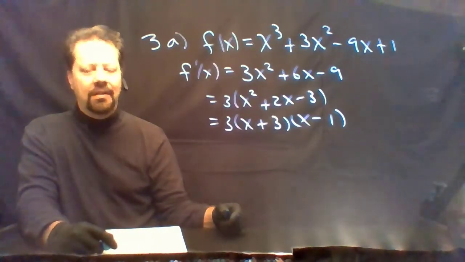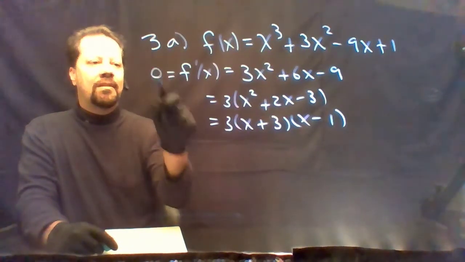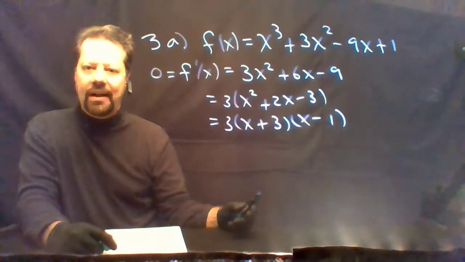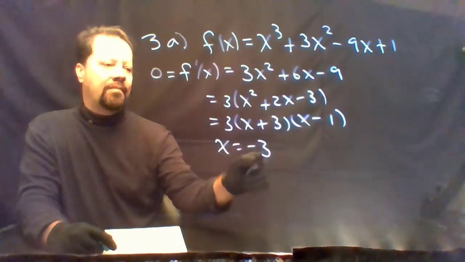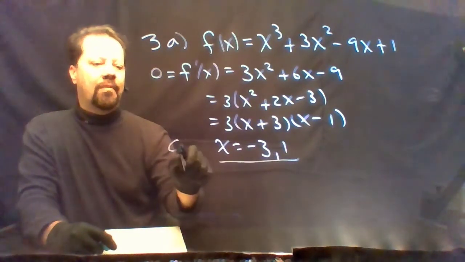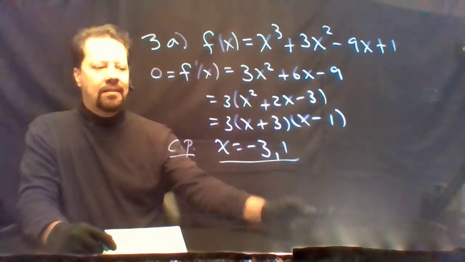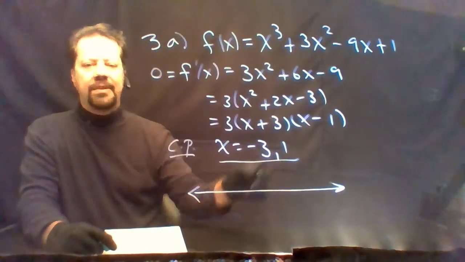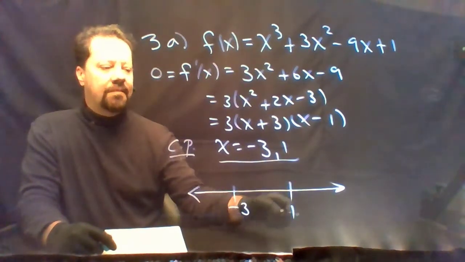Make sure that you can factor the quadratic, or at least, since we're solving for the critical points, you should be able to use the quadratic formula to find the critical points. Once we have the critical points, we'll plot the number line, and remember, don't clutter your number line with hash marks.